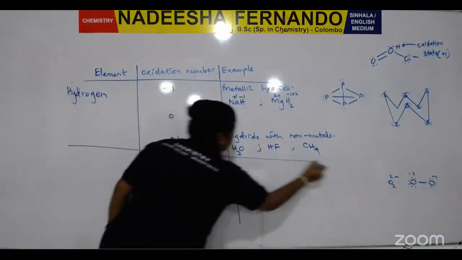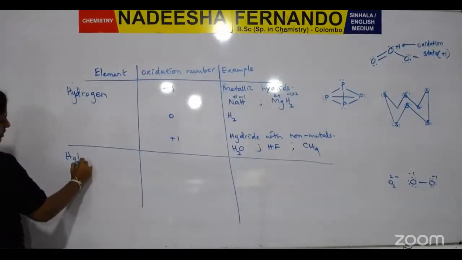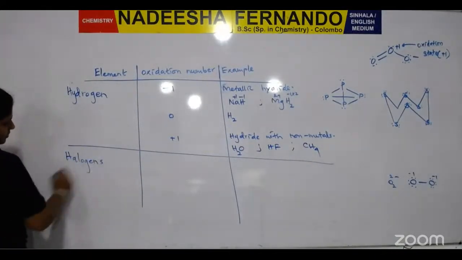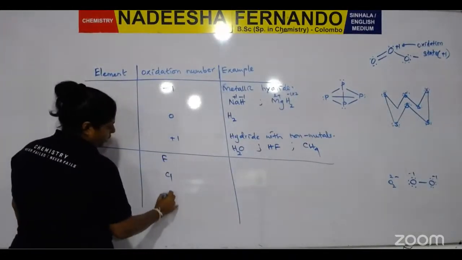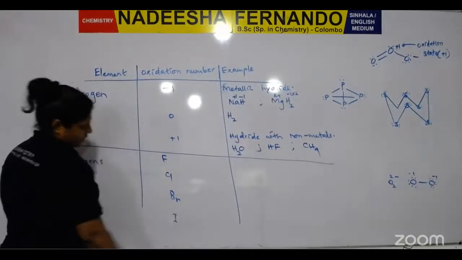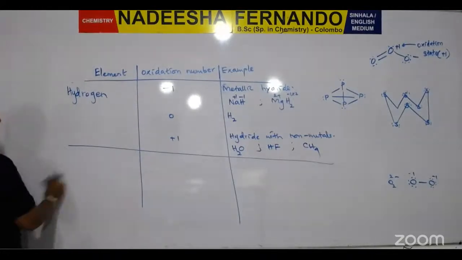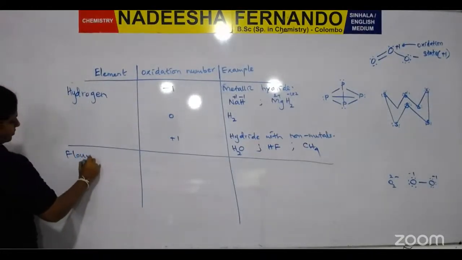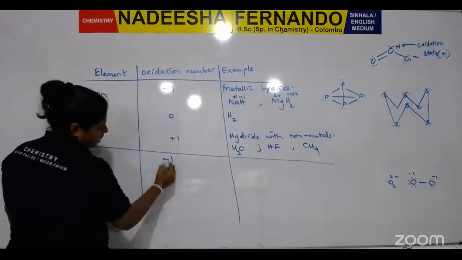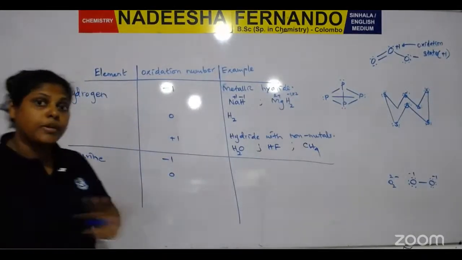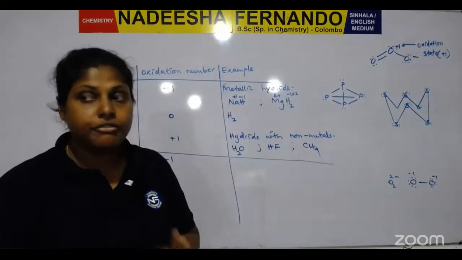And finally, we have halogens, right? Halogens. Except, I'll take fluorine second. Fluorine has -1 and 0. There's no positive oxidation state of fluorine.